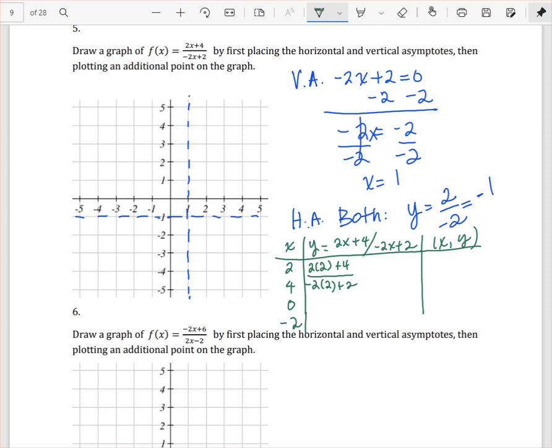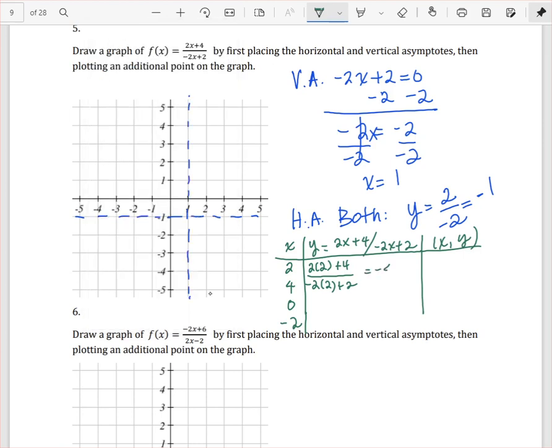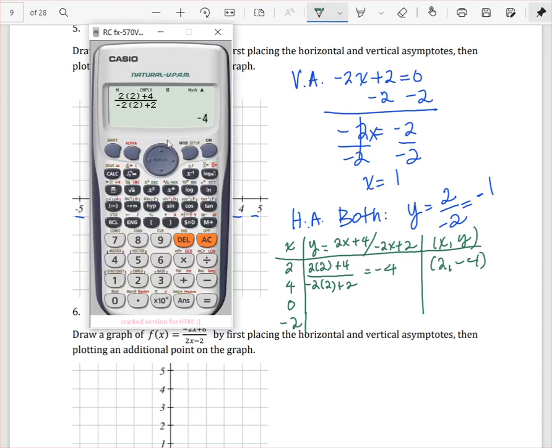Now you can always set it up in the calculator if you feel like fractions are too scary. Set up the fraction and then do 2 times 2. The good thing about setting up in the calculator also is that then you can just change the inside of the parentheses. So you get -4. So it'll be 2, -4. And then if I'm going to test 4, since I already have it in the calculator, I'm just going to change the parentheses to 4s.